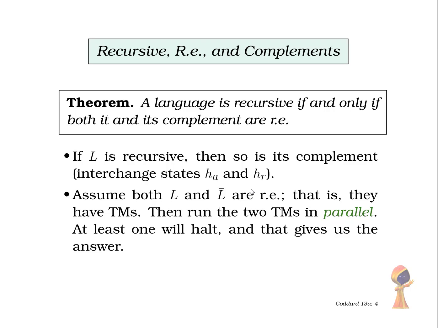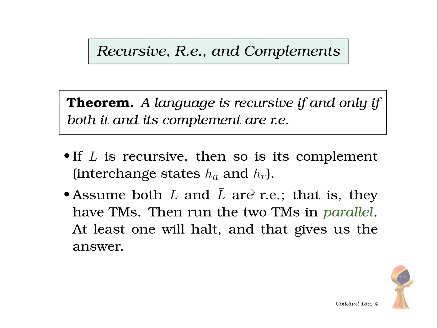So we have its complement. Complement means that we simply interchange the accept and reject states. So HA is the accept state and HR is the reject state, and we just replace one with the other.